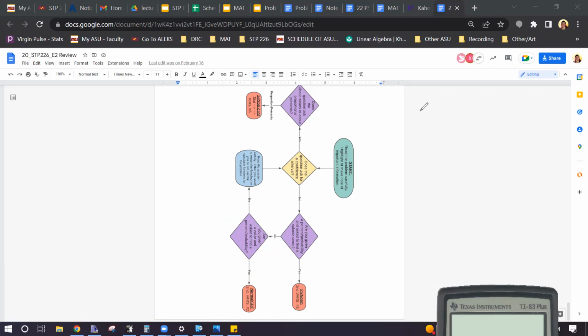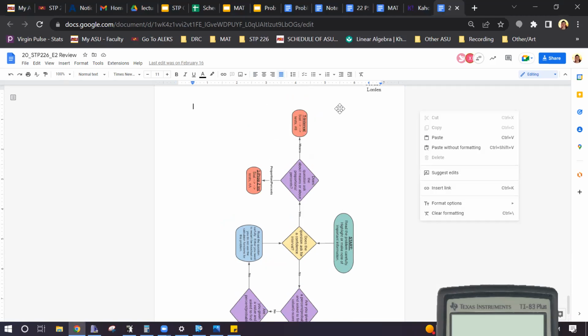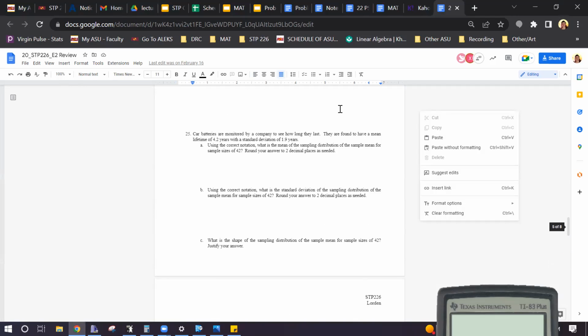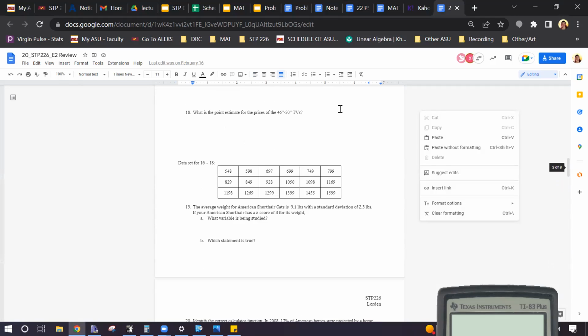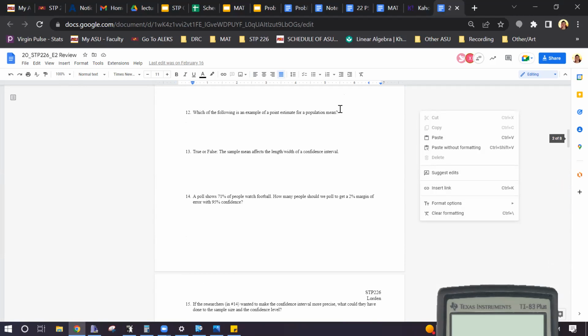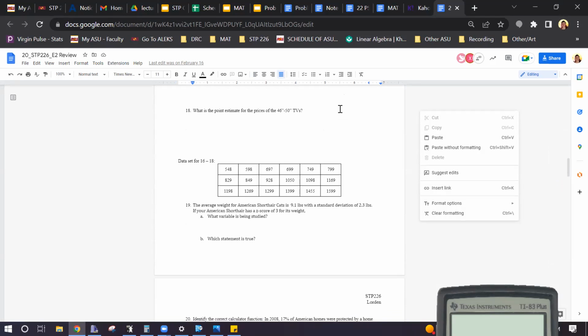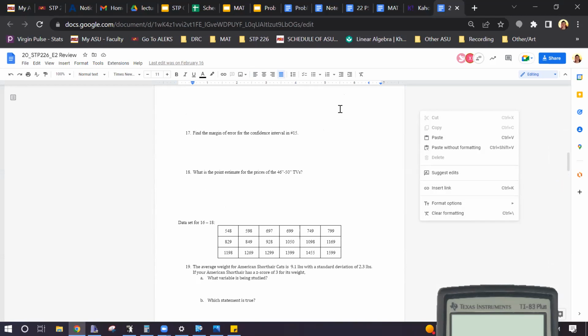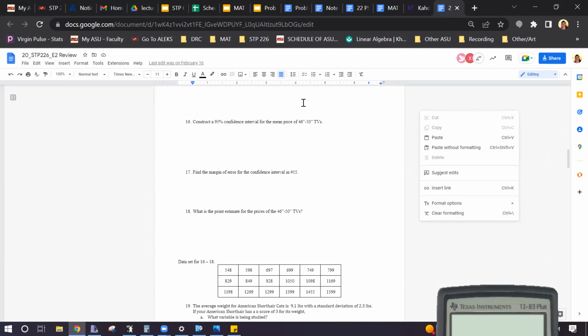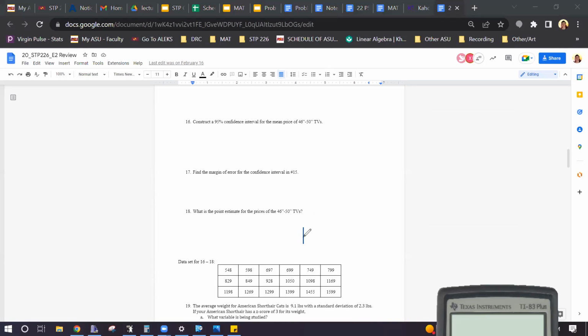All right, someone was asking about a problem and I skipped past it before we finished. Here with the TVs, find the point estimate. Personally, I like to always draw out that little number line. It just really makes it clear to me what's going on, what they're asking for.